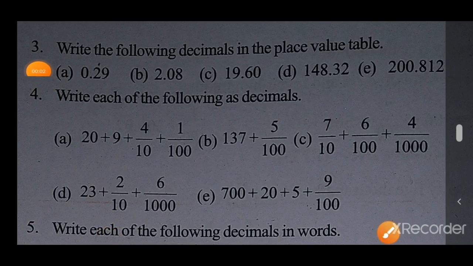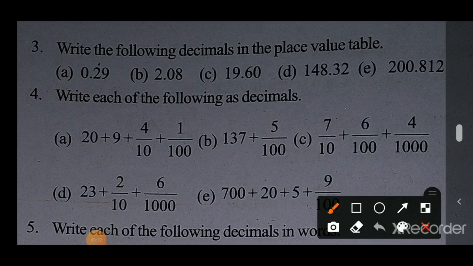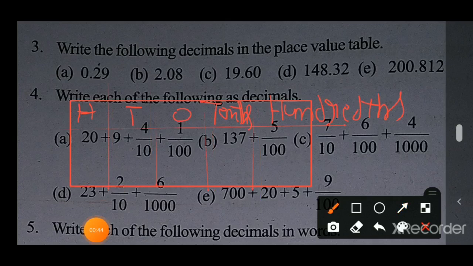Now the question third, write the following decimals in the place value table. Part A 0.29. For this first we draw the place value table. So this is the place value table in which this is the column for hundreds, this is for tens, this is for ones, this is for tenths, and this is for hundredths.